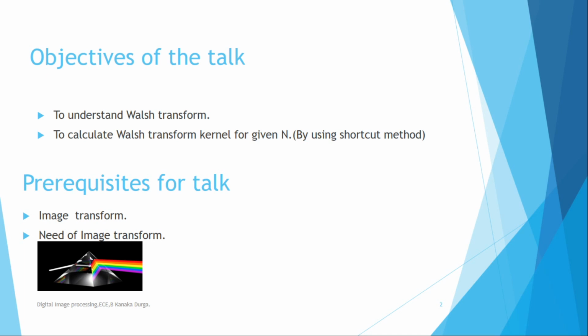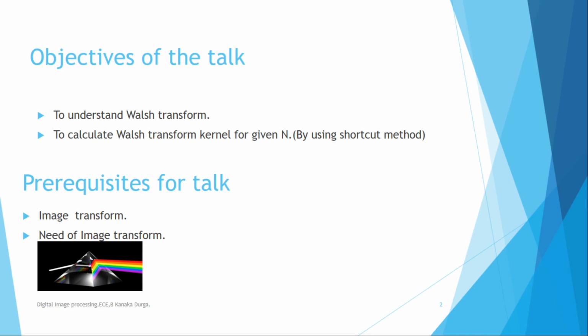And the second point is that the mathematical analysis is very easy in the frequency domain. Let us discuss the first point, that we have more information in the frequency domain.